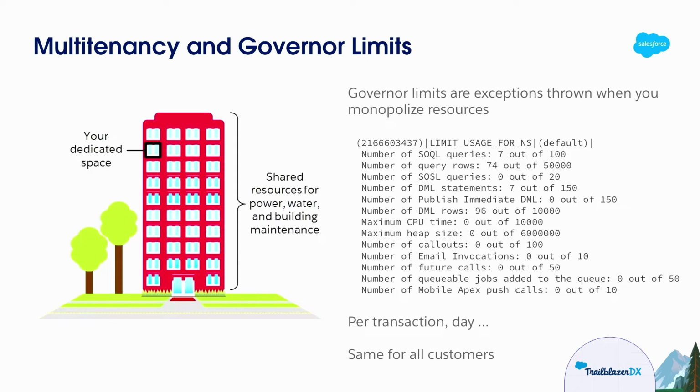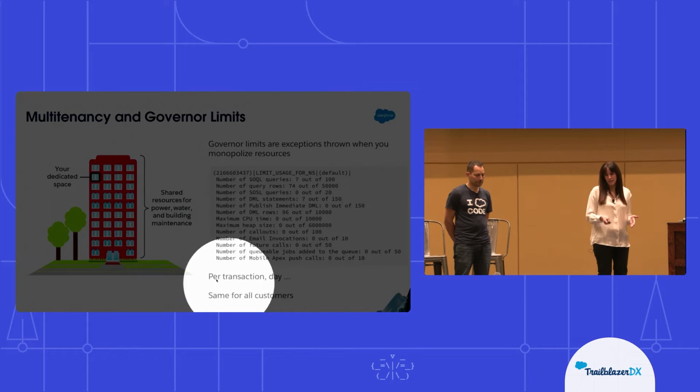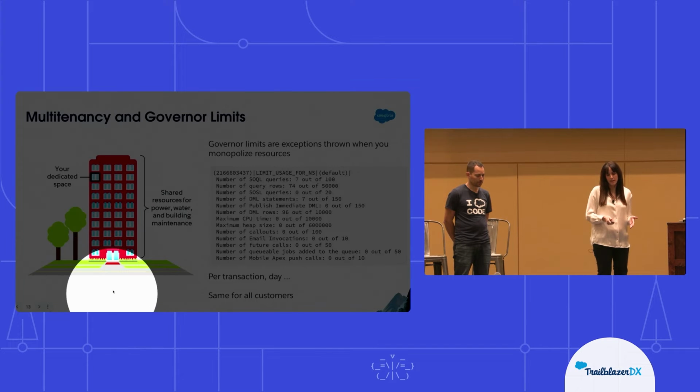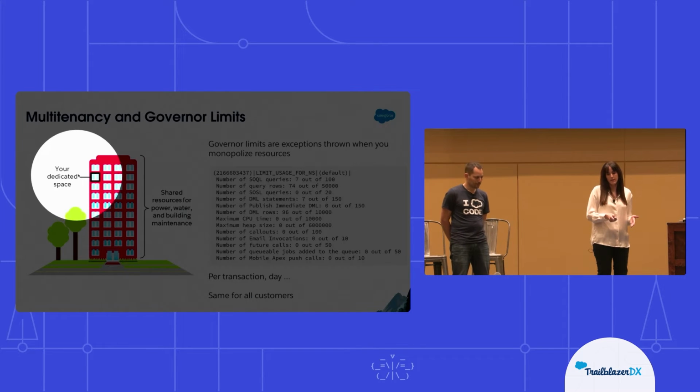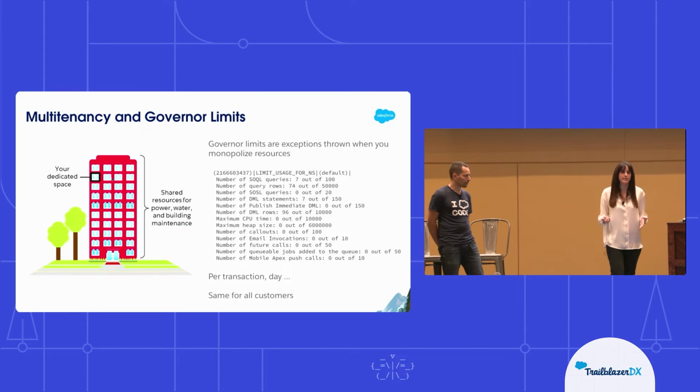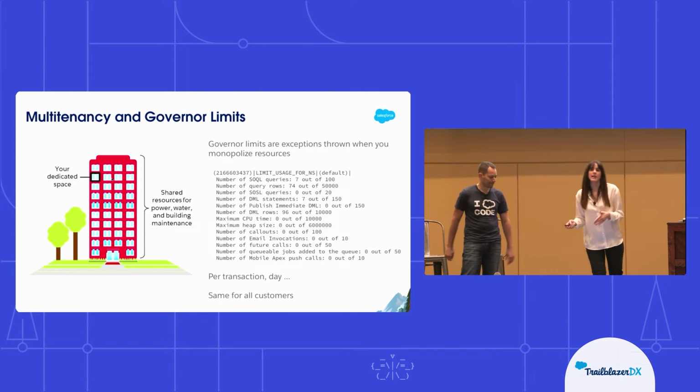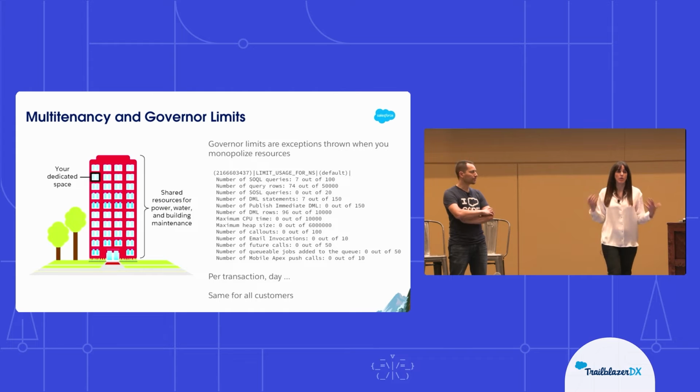Here we have a representation of that, where the server would be the building, and you would have this window here, which would be your dedicated space. Because of that, Salesforce created something called governor limits, which are exceptions that are going to be thrown when you try to hoard the resources.